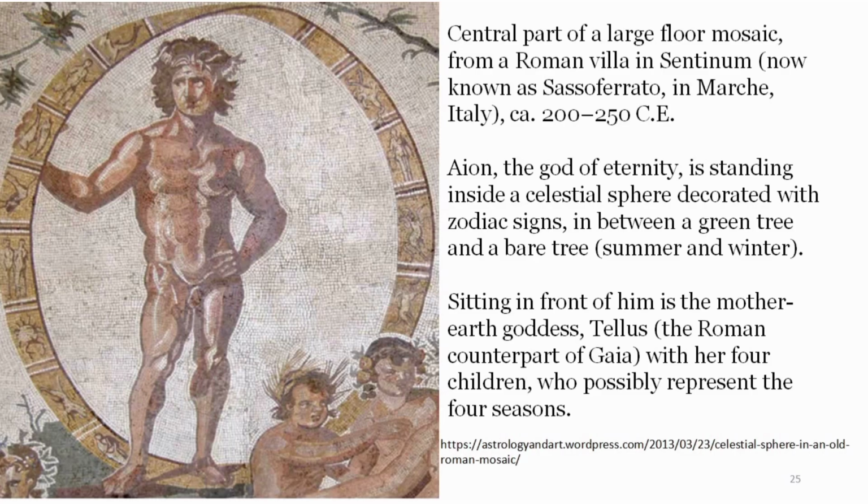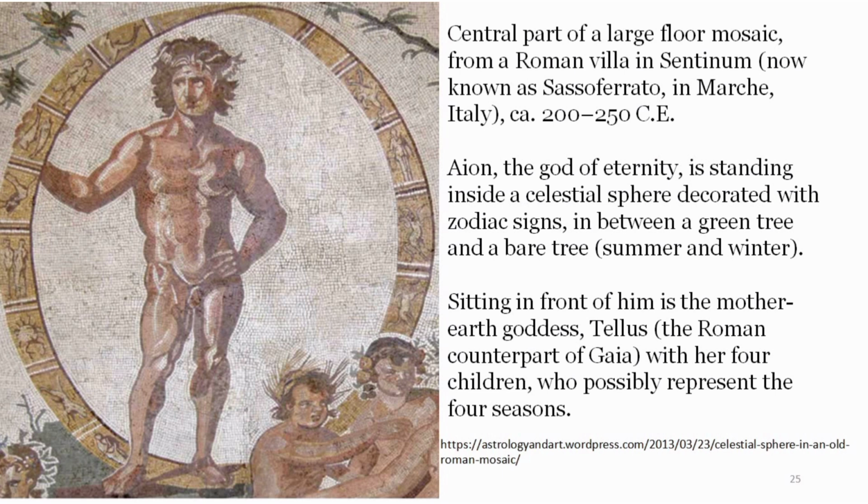We go back to 200 to 250 CE. As you can see in this figure, this is actually depicting a Mobius strip, right? You see that the zodiacal symbols are shown in the band that surrounds at the bottom. This is the central part of a large mosaic from a Roman villa in Sentinum.